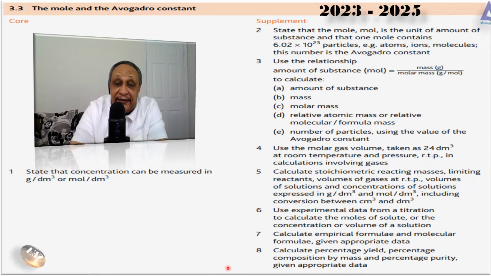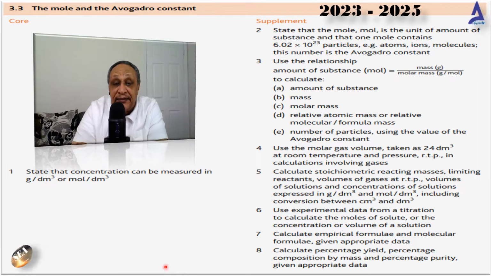There are 8 subjects. The first one of them is for the core, where the concentration can be measured in g per dm³ and mol per dm³.